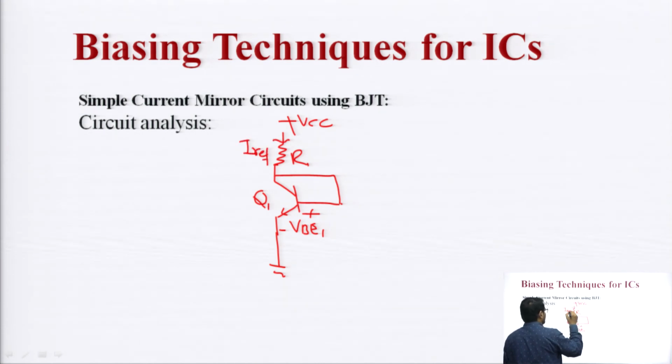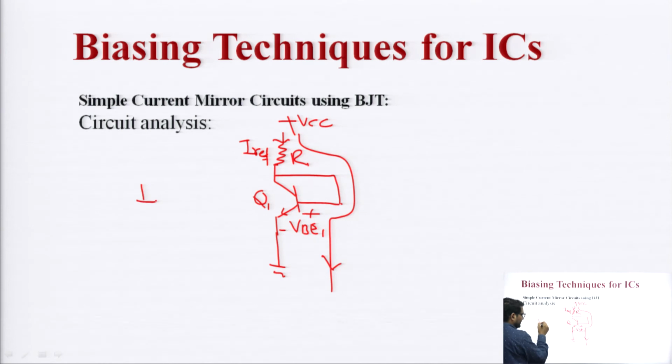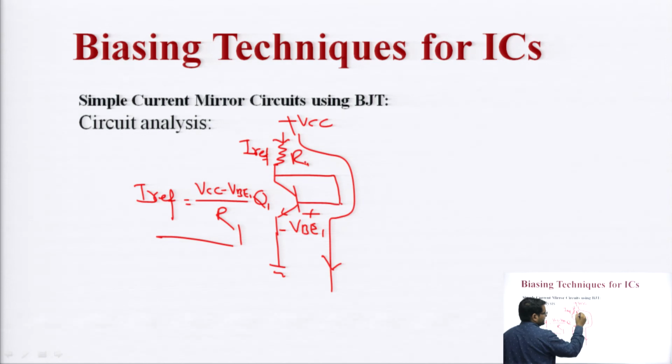This is I reference. We follow this loop for calculation of I reference. Then I reference is equal to VCC minus VB1 divided by R1. R1 is this resistance.